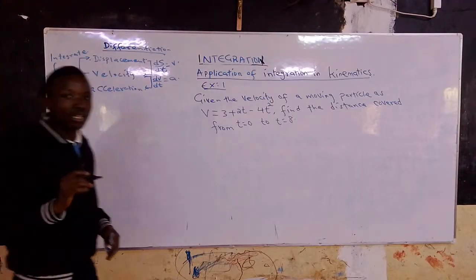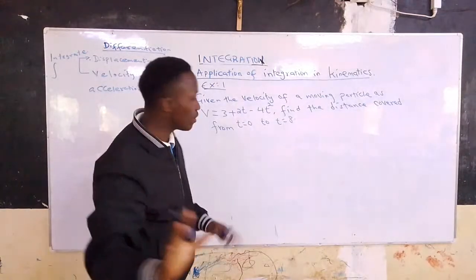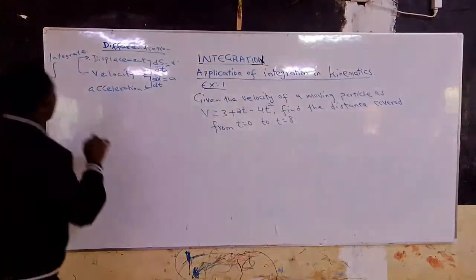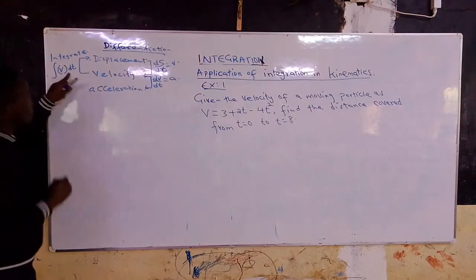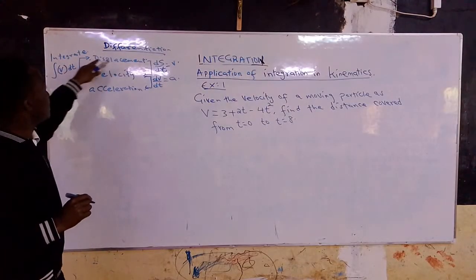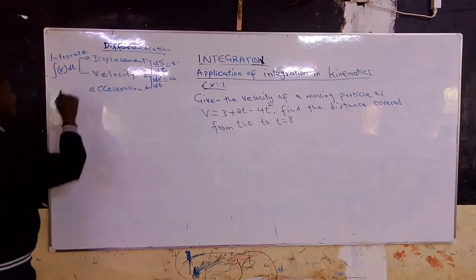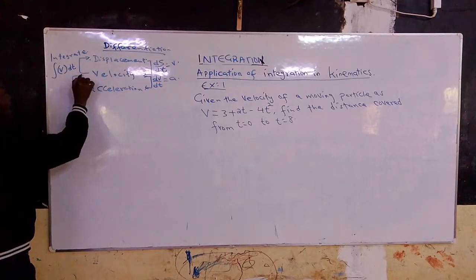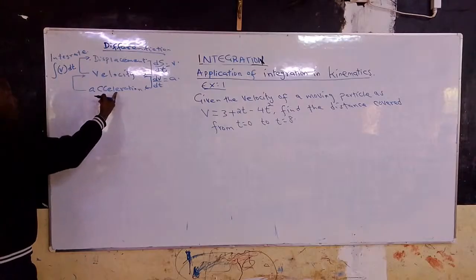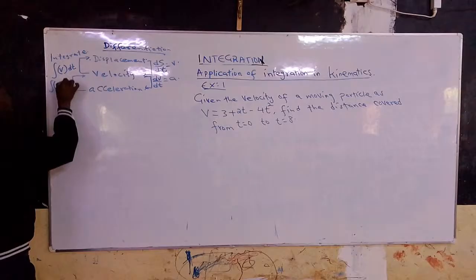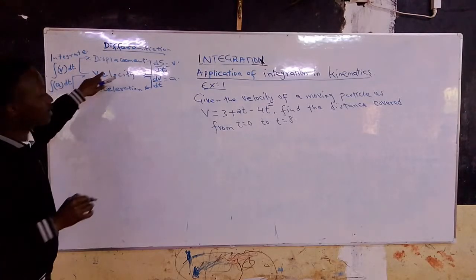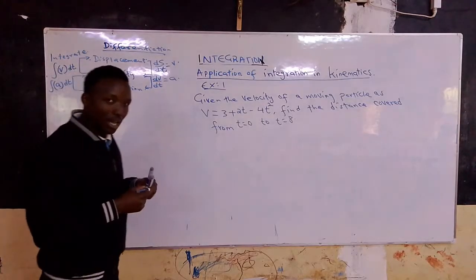That's why we called this topic reverse differentiation. We will integrate velocity with respect to time to get displacement. For us to get velocity given acceleration, we integrate acceleration with respect to time to get velocity. I hope you have understood.